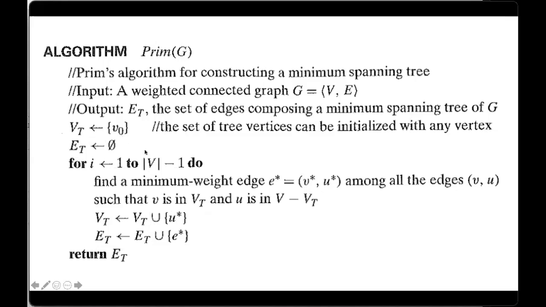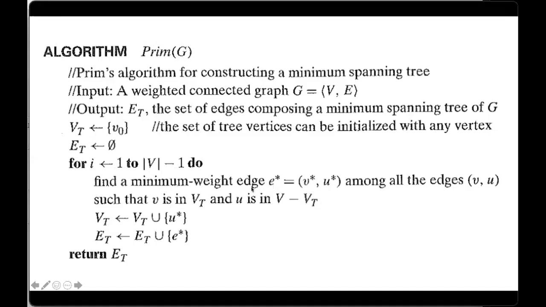Okay, from V0. So here, whatever edge you are selecting, one vertex should be there in VT, and another vertex should be present in V minus VT. That is, the other vertex should be other than this V, and it should be present in V minus VT.